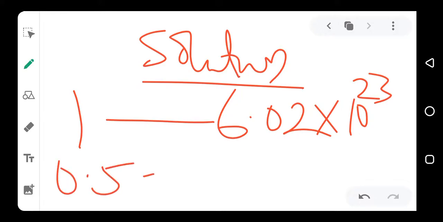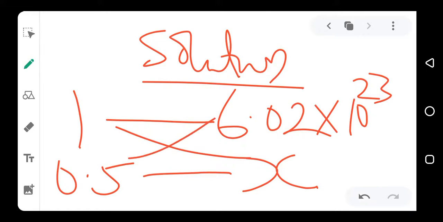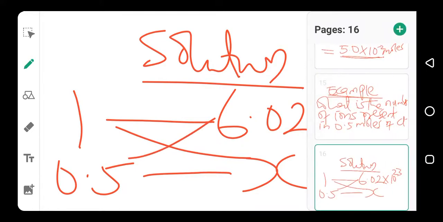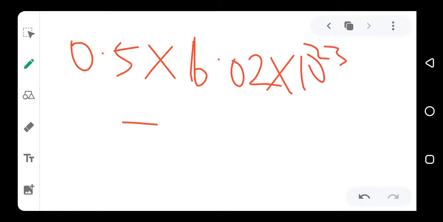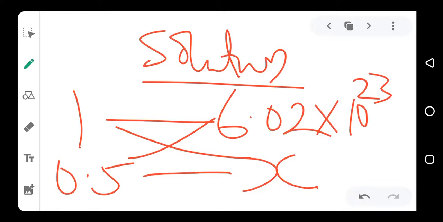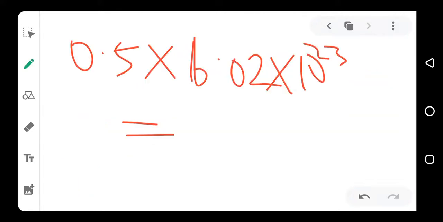Under the Avogadro's number, we are not given it, we are looking for it, so we can call it x, and then we do our cross multiplication again, this going to this and this coming to this, and so we have 0.5 times 6.02 times 10 raised to power 23 is equal to 1 times x.